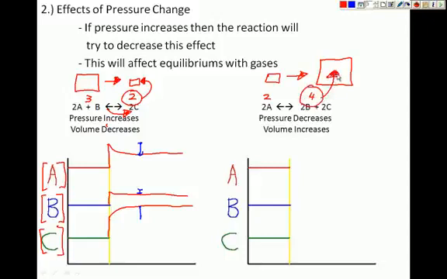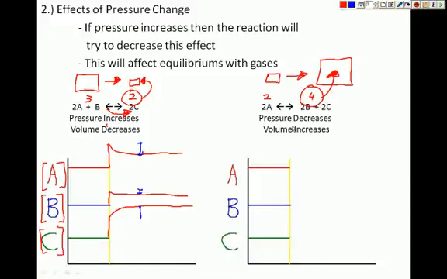and so therefore the reaction is going to move forward in order to make more B and more C, because that has a higher amount of particles.